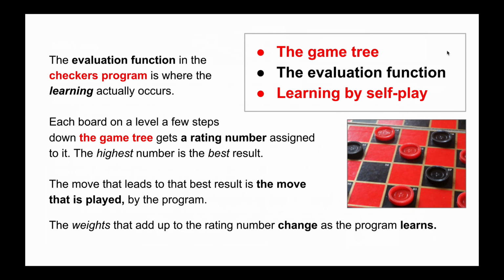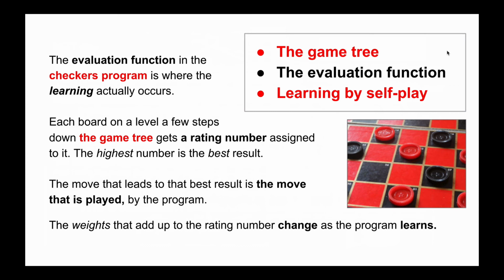This function tells the program which board is the best outcome, looking four or five steps down the game tree. It evaluates each possible board position at that level of the tree, using comparisons between the two sides, red and black for checkers, right?